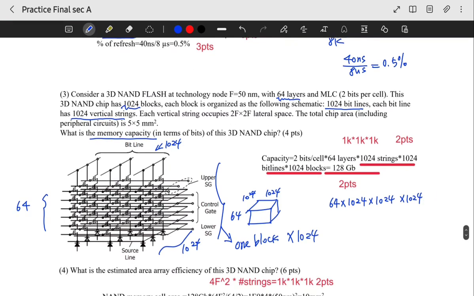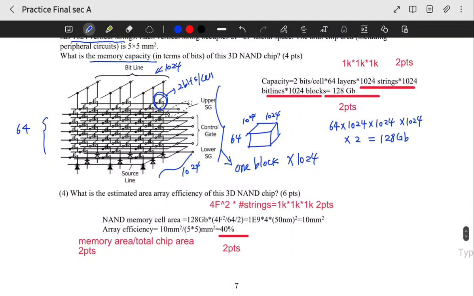Then you will get the capacity, but you should keep in mind, because each transistor is 2 bits per cell. So it's given here, it's 2 bits per cell. So you have to multiply by 2. So you will get 128 gigabit, and that's your answer.